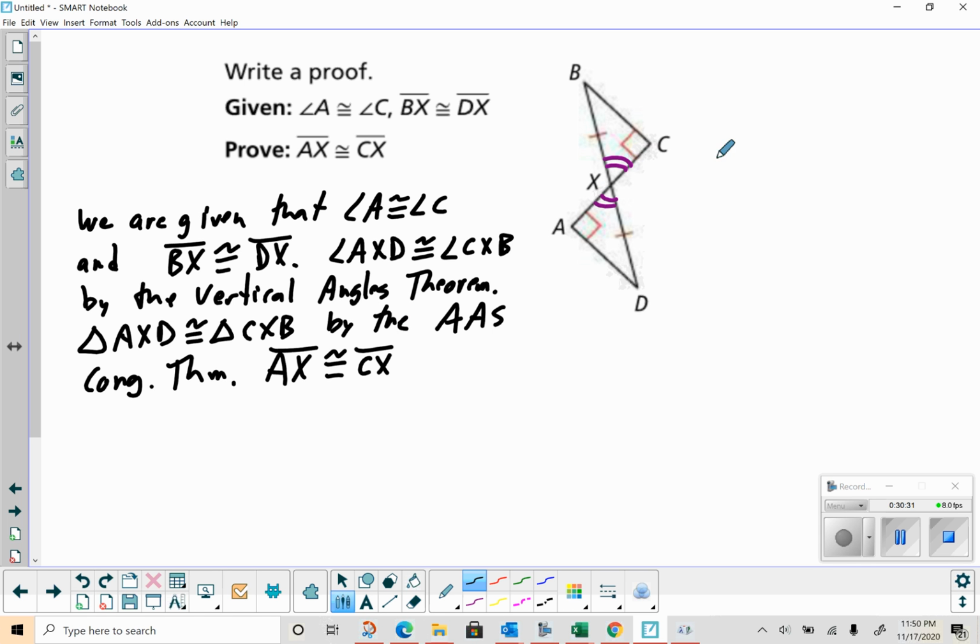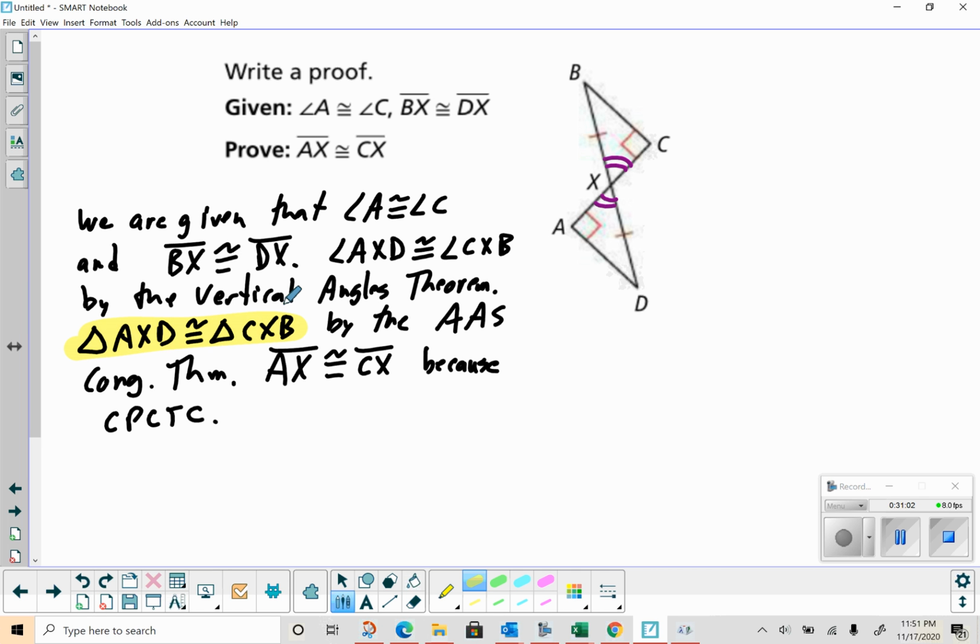There's no theorem here that says adjacent sides that share a vertex, no, no, no. Did you practice saying it real fast? Corresponding parts of congruent triangles are congruent.